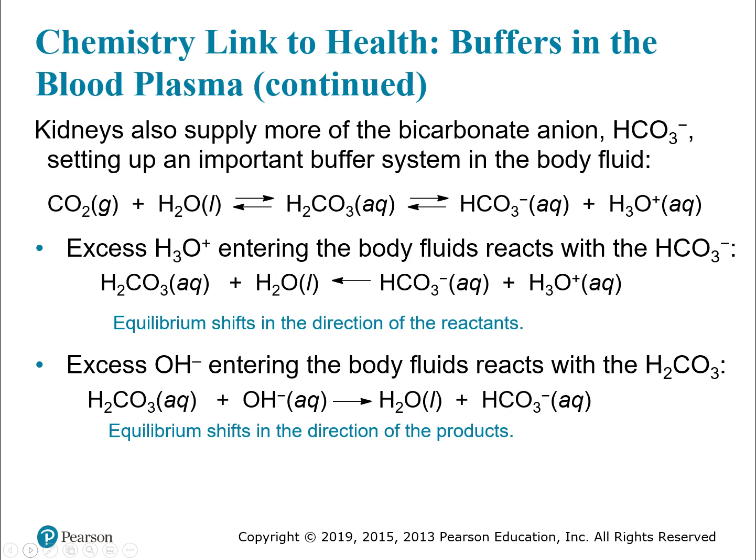We said that for a buffer, you have to have large amounts of acid and conjugate base. We covered the acid part. The carbon dioxide dissolves in your blood and other body fluids to create carbonic acid. But that's not going to give us very much of the conjugate base. That's where the kidneys come in. The kidneys will also supply more of the conjugate base, which is the bicarbonate anion.